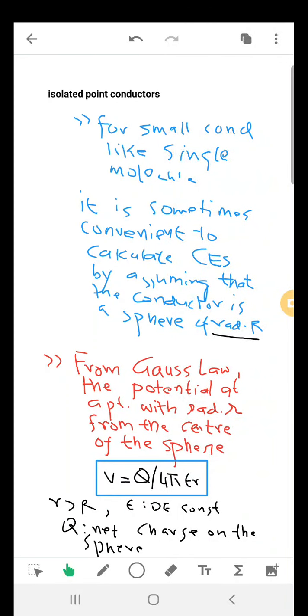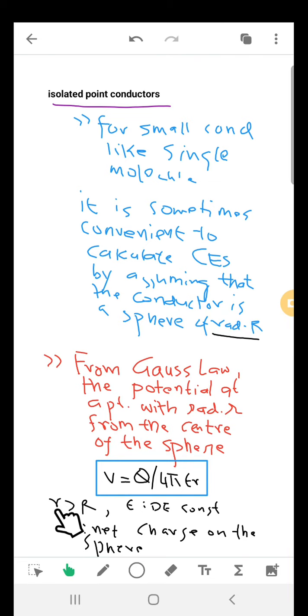Now, if we consider isolated point contacts, for a very small molecule, like a single molecule, it is sometimes convenient to find the electrostatic capacitance by assuming the conductor is a sphere of radius r. From Gauss's law, the potential is given by Q by 4 pi epsilon r, where epsilon is the dielectric constant.